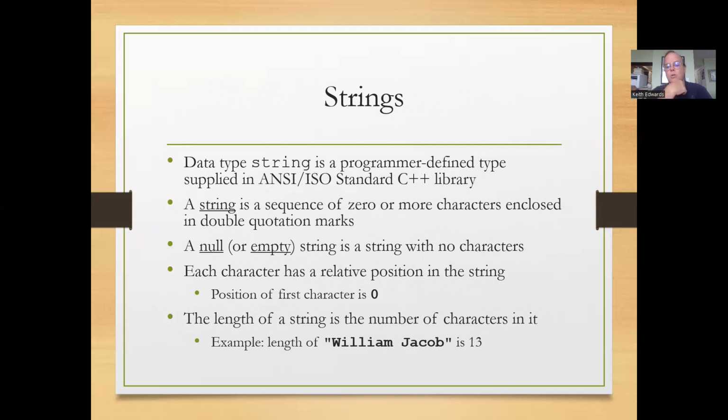And you also have null or empty strings with no characters, and strings also have relative positions. And it's C++, so everything starts at position 0. So the position of the first character is 0. In the case of William Jacob, that would be the capital W. And length of the string is the number of characters in it. And we'll play around with including some strings in our early programs in this class.